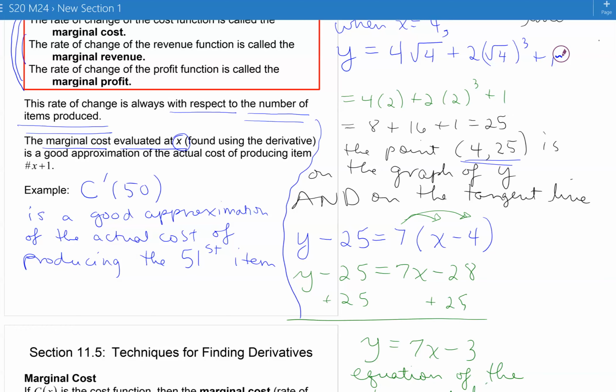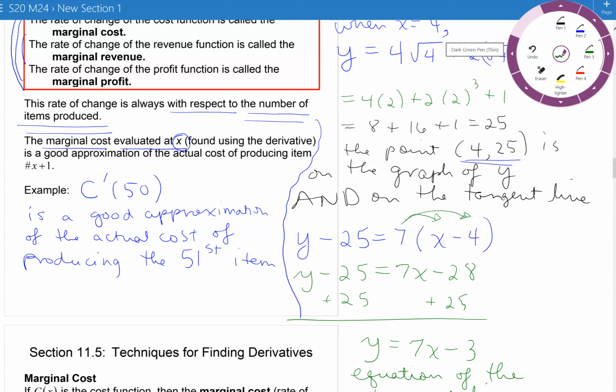Okay, so the meaning of C prime of 50 in the world of marginal says this is a good approximation of the actual cost of producing the 51st item.